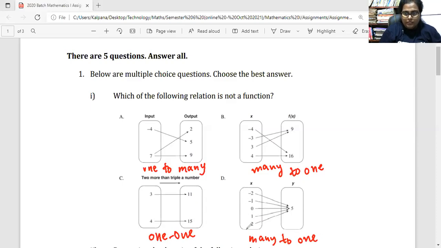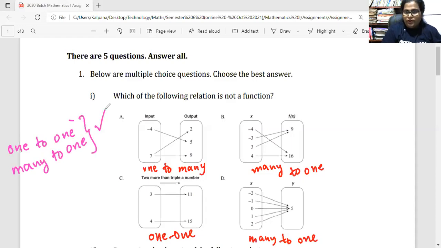After determining the types of these relations, you can predict what are the functions and what are not functions, right? So you know that when you have one-to-one or many-to-one relation, it should be a function, right? So many-to-many and one-to-many relations are not functions, right?